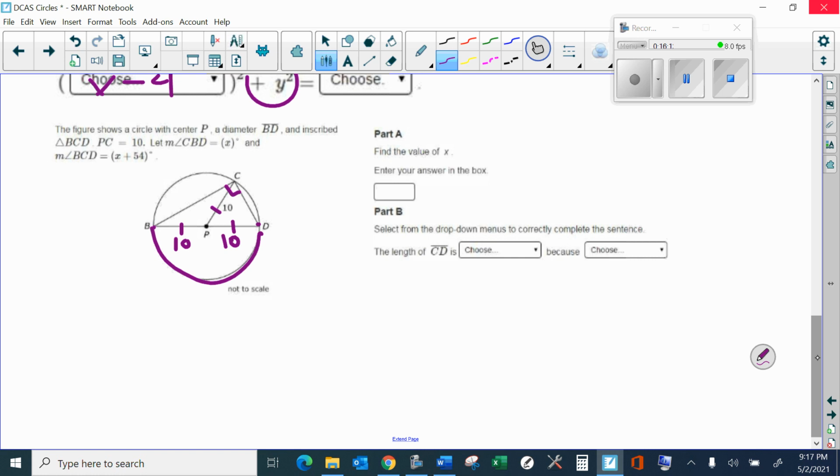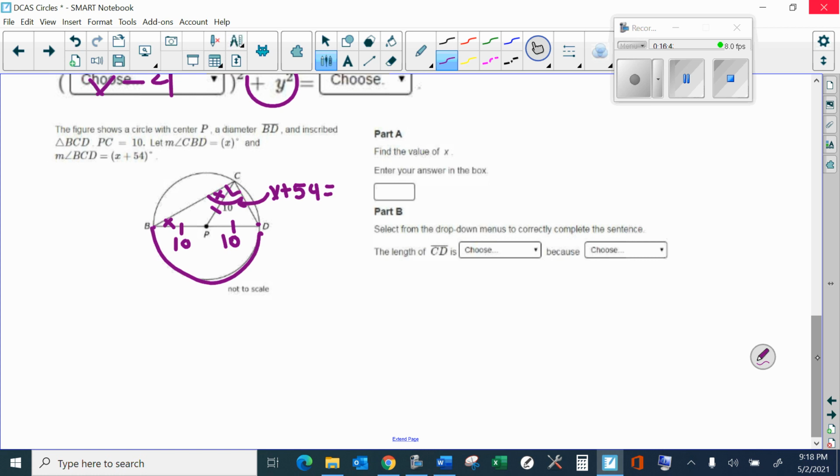We want to always identify what we know to begin with and go back and read the question. Inscribed angle says PC is 10. We've already got, let the measure of angle CBD, this angle right here, be X. So that makes this X. And the measure of angle BCD, the whole thing here, that's X plus 54.